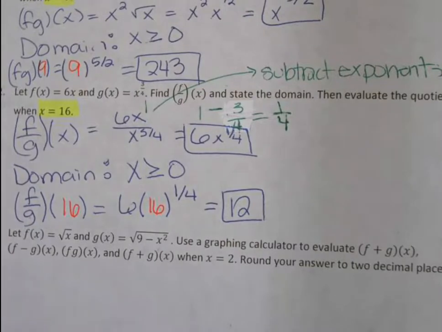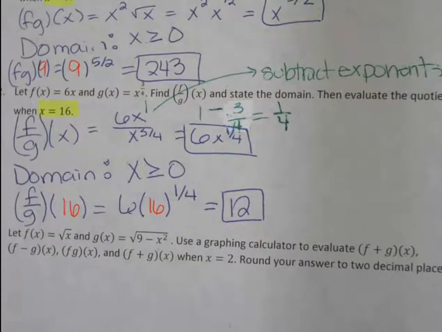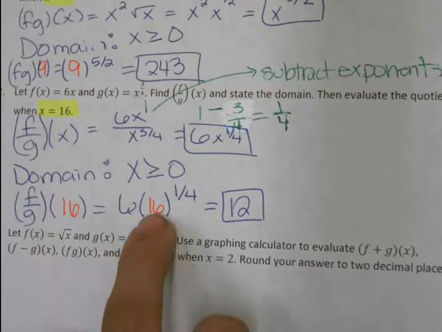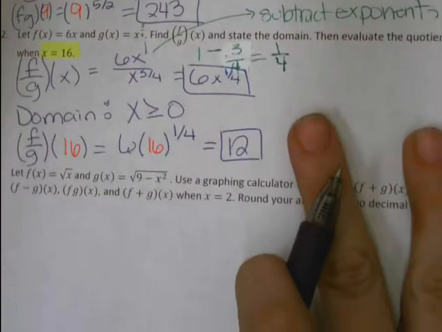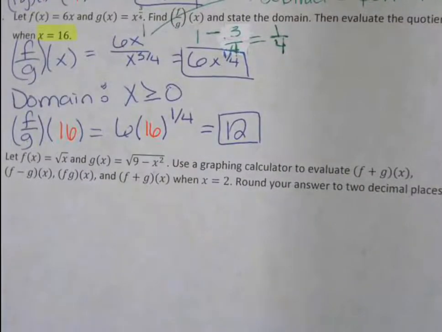I typed it in the calculator: 6 times 16 to the 1/4, because the question also wanted me to plug in 16. That's just telling me what I did. I divided the two equations. The left side tells me what I did, the right side tells me the answer. Yeah, this one's got 2 answers because it's asking for 2 things.